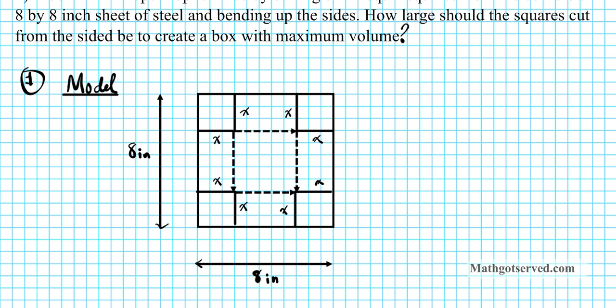Okay, so let's make a sketch of what the box is going to look like. We have a box right here. So we're just going to bend it. You see this piece right here, you just bend it upwards. This is not perfect, it's just a sketch.